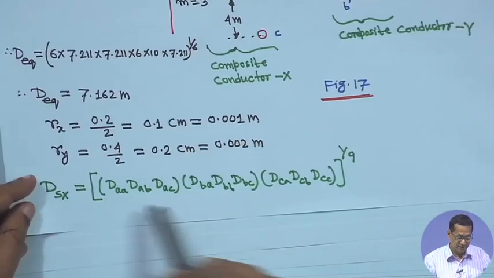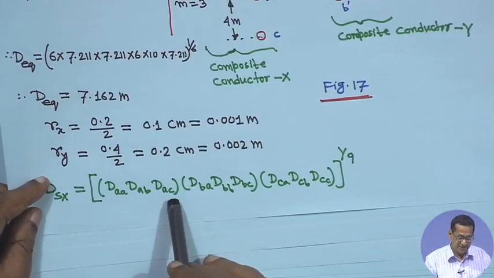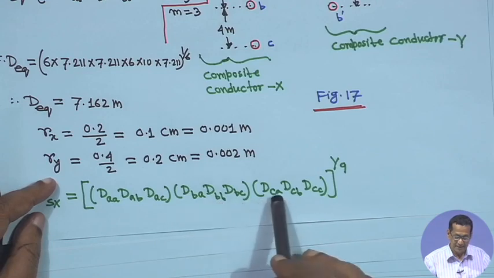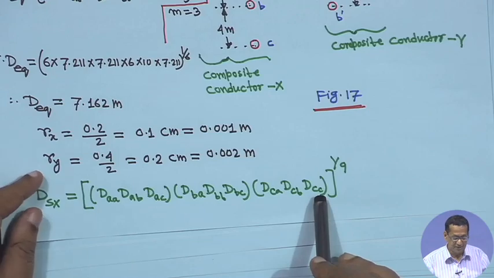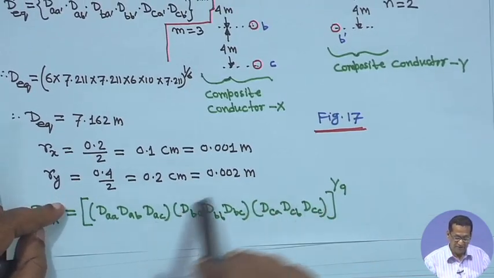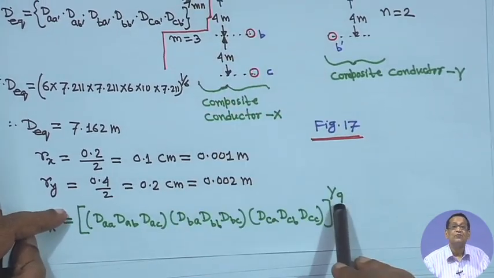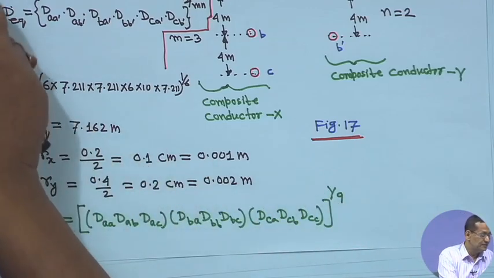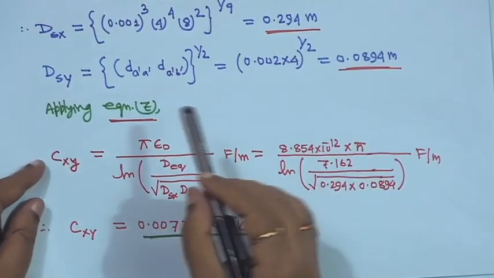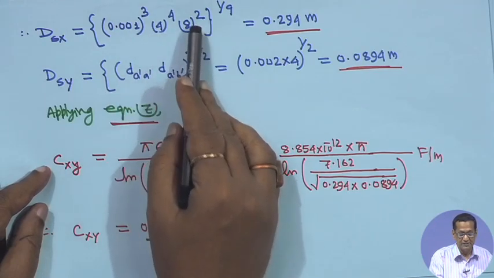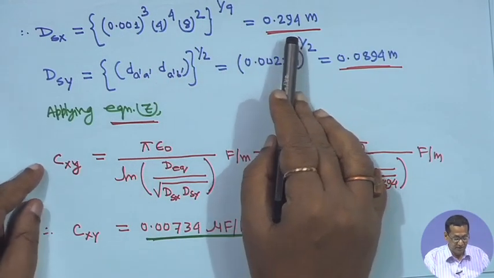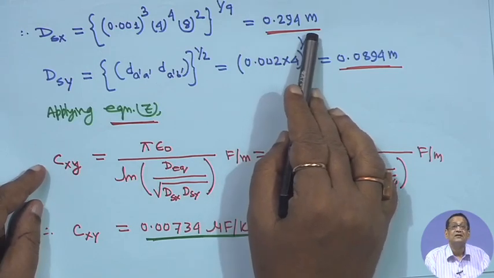DSX is DAA, DAB, DAC, DBA, DBB, DBC, DCA, DCB, DCC, where DAA, DBB and DCC are equal to Rx, and all the 9 possibilities, 3 into 3, to the power 1 upon 9. You can easily calculate this DSX. So, it is 0.001 cube into 0.4 to the power 4 into e square, to the power 1 by 9, so 0.294 meter.